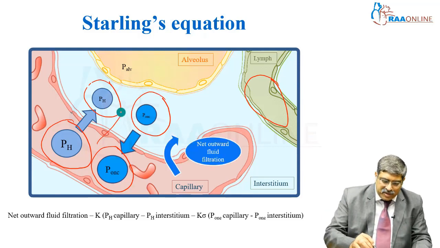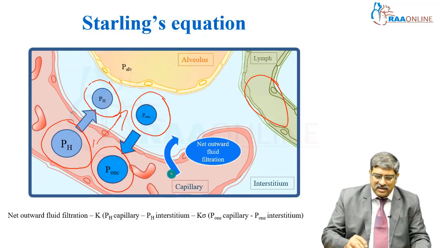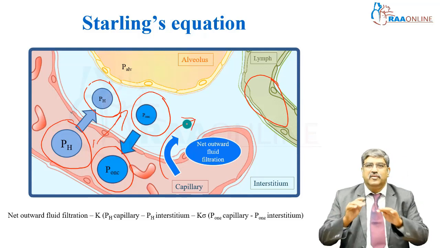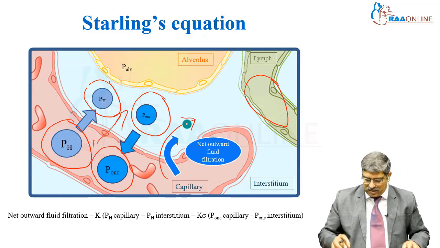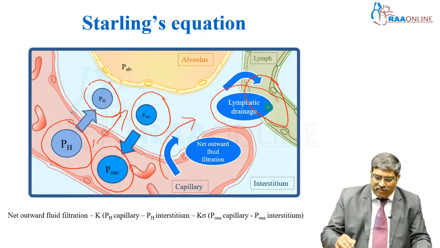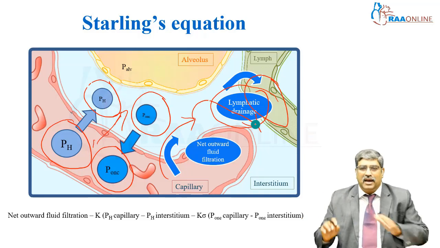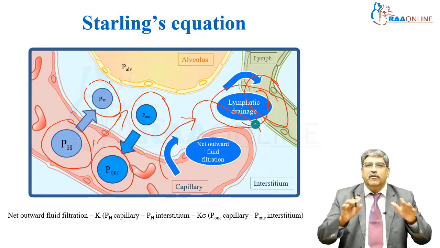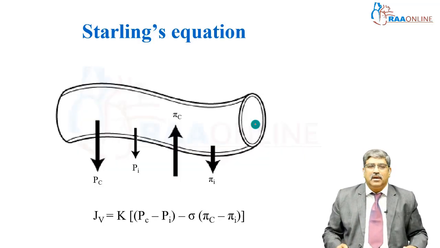This balance between these forces decides the amount of fluid which comes into the interstitium, and there is a safety factor with lymph. If excess fluid comes, it drains via lymph and goes into the lymphatic channel. This is how fluid balance happens.